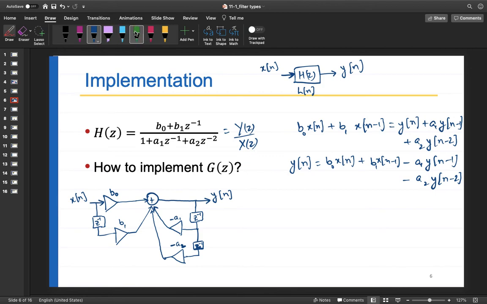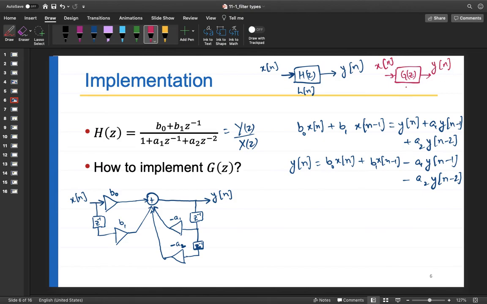Now how do I get g? I want to get g z or g n. So how do I get that?